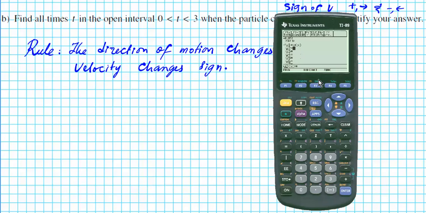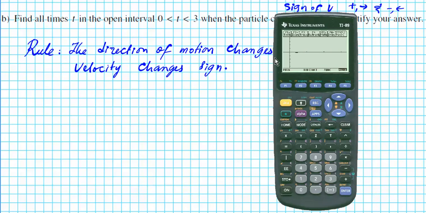The independent variable here is x. When I type in v of x, the calculator replaces all the variables in that velocity function with x, the independent variable the calculator always uses. So you don't have to waste your time typing it all over again and put an x in place of t. All right, so we're going to graph the function.